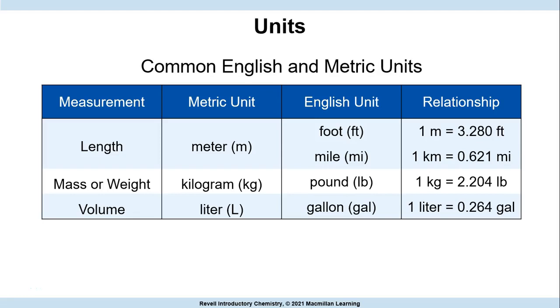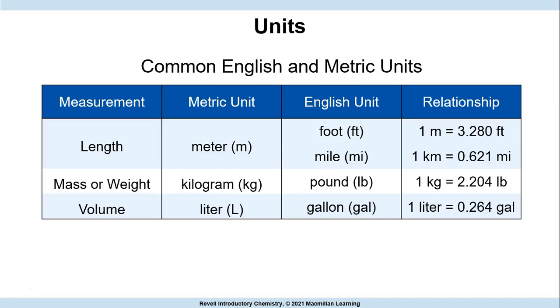So let's look at, for example, the measurement of length. In the metric unit, which is what you are going to be seeing in this course, we are talking about meters. And in the English unit, you will see foot or mile. Now, what is the relationship between meters and feet?